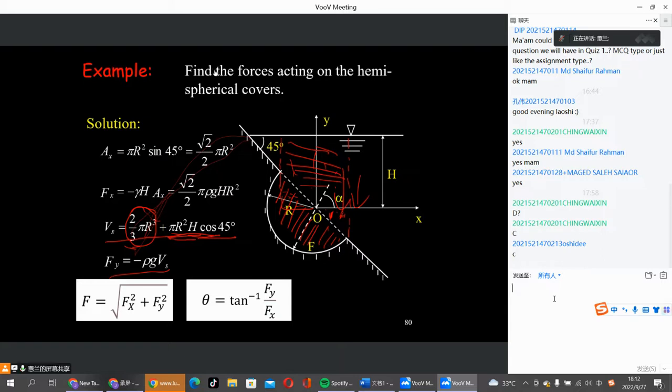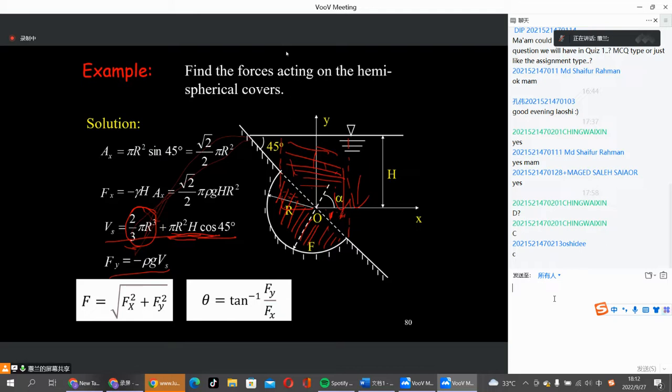Do you have any questions about this one? It's a little bit difficult because this problem is actually 3D, okay? It's not a 2D case.